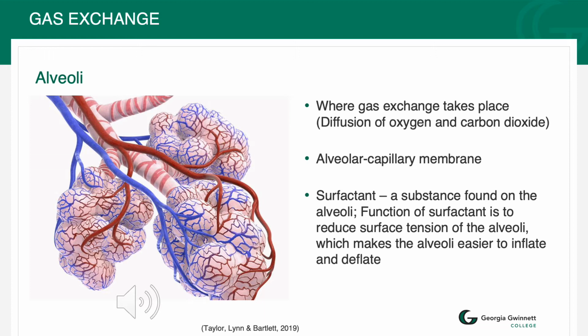And it travels back to the left side of the heart by way of the arterial system and to all the other body parts. Surfactant is a fluid substance that lubricates those alveoli. And in disease processes where there's not enough surfactant, the gas exchange is affected or impaired.